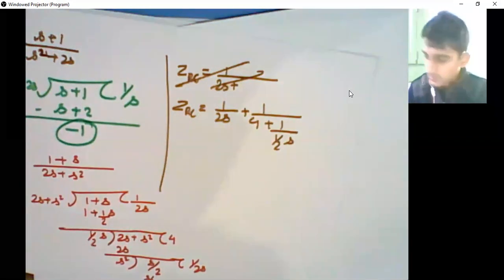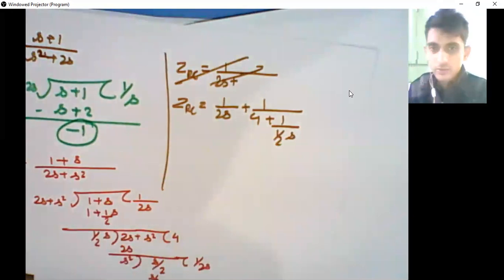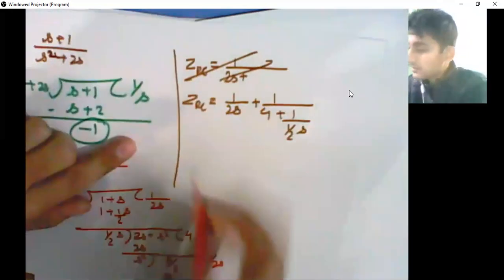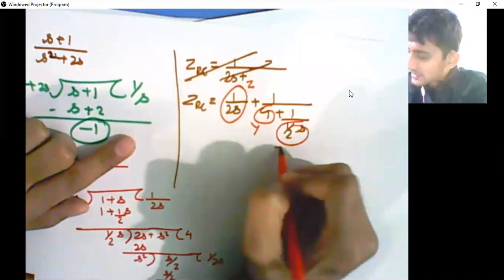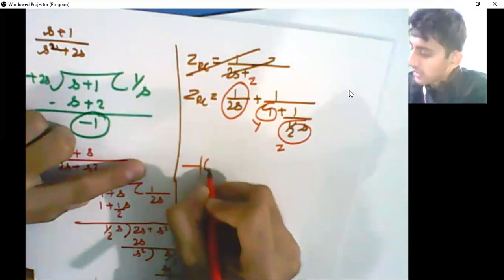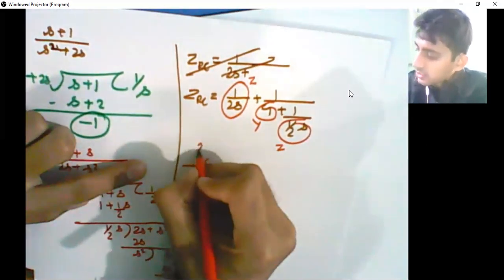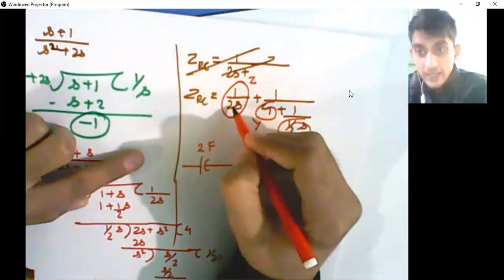Okay. You see 1 upon 2S plus 1 upon 4 plus 1 upon 2S. ऐसे आपने break कर लिया. Now you see, you can simply say that this is Z, this is Y, and this is Z again. So in Z we start with series connection. So you have first of all एक 2 farad का capacitance, C 1 upon CS की form होती है तो 2 farad का ही capacitance हो जाएगी.